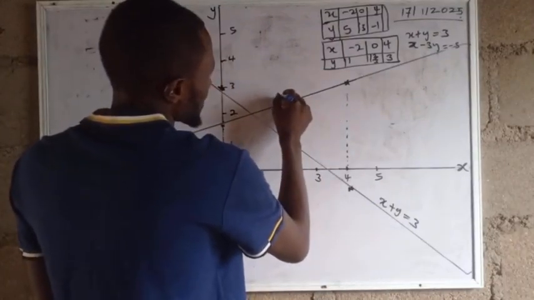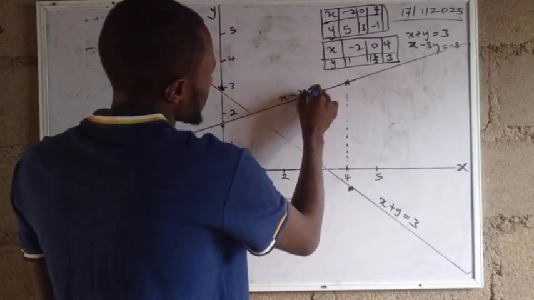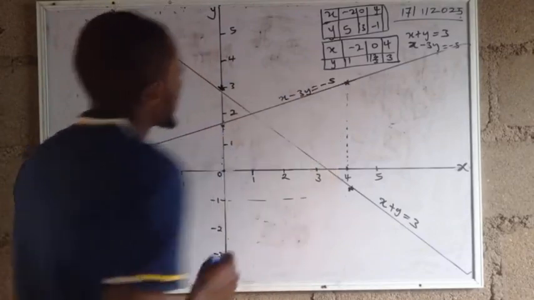This is for x minus 3y is equals to minus 5.